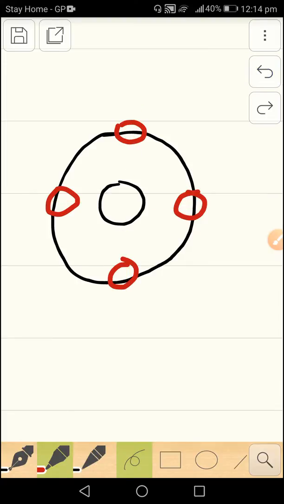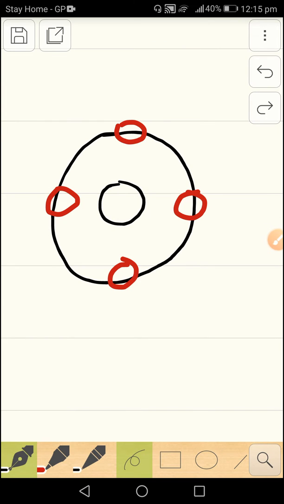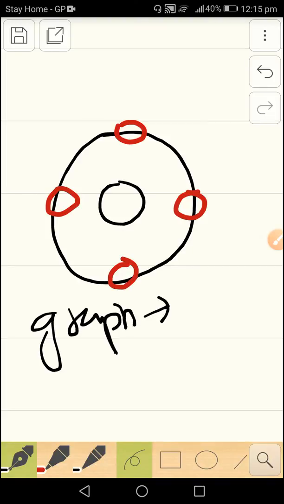Now, just for instance, keep this in mind: in graphite, I am sorry for the interruption, I'm just writing graphite.